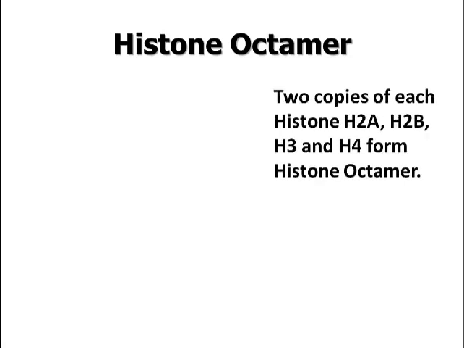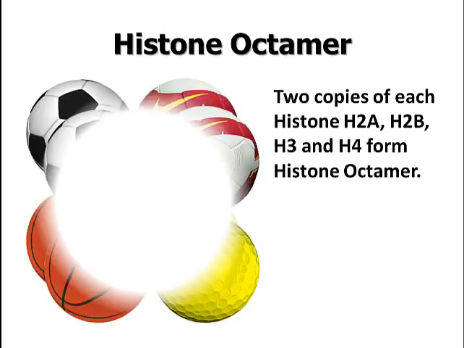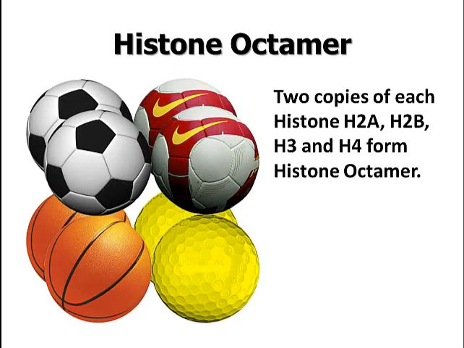As we said before, two copies of each histone H2A, H2B, H3, and H4 form the histone octamer. Let's imagine that these balls are arranged like this. As we know, there are histone H2A, H2B, H3, and H4.